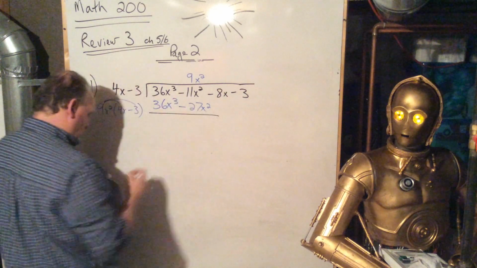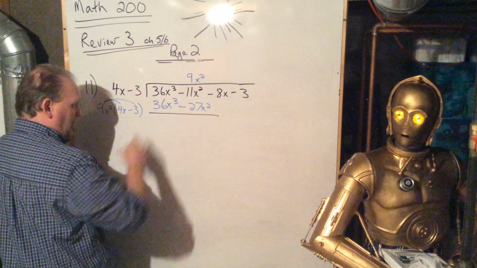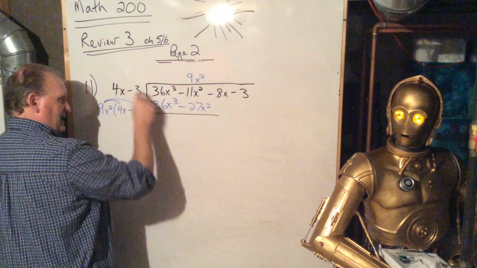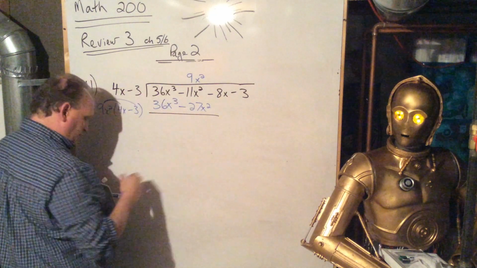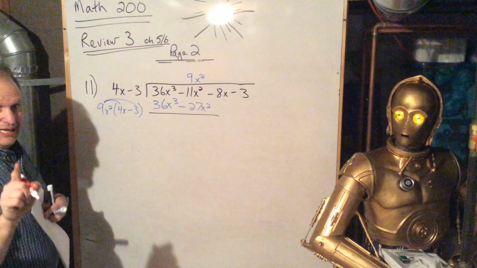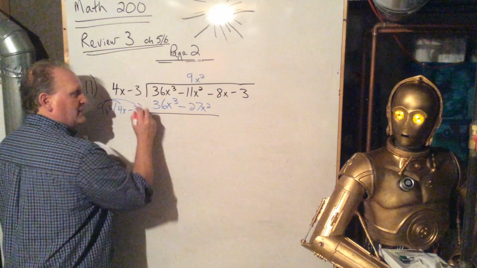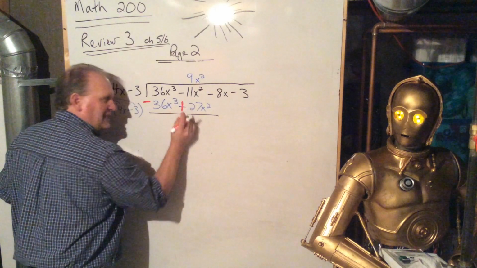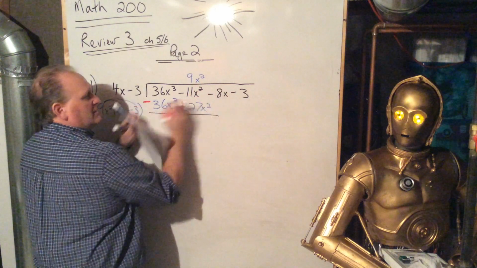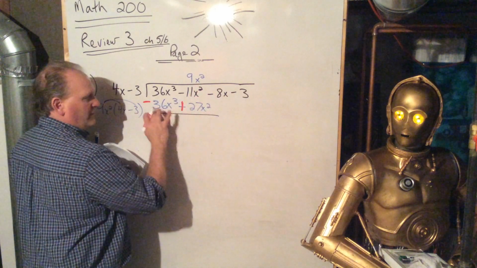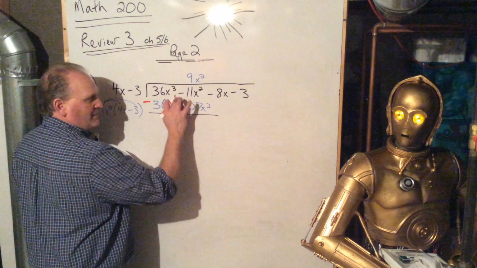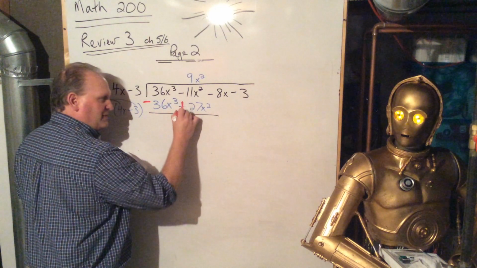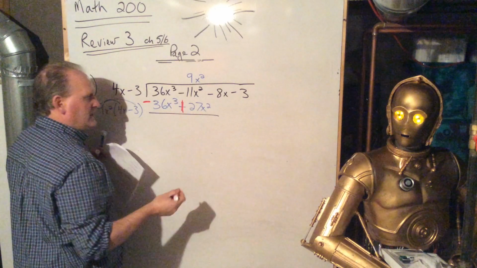Whenever you're long dividing, you take this times that, write it down here, and then subtract it off. It's a little more complicated when you're subtracting a binomial, because you have to change this sign and this sign. You're subtracting the entire binomial. So the negative hits both of them. It hits this, and then that changes from a minus to a plus. I usually make my pluses super long, so I know I changed it.